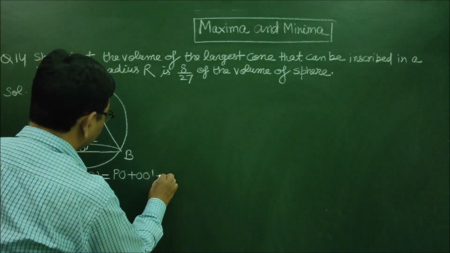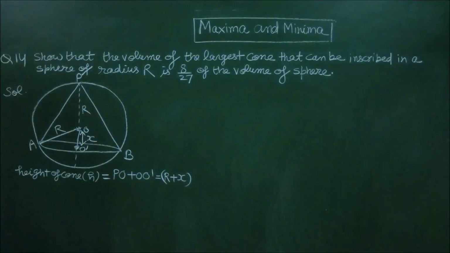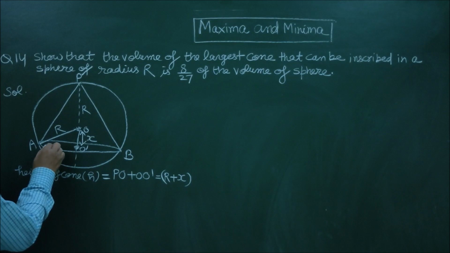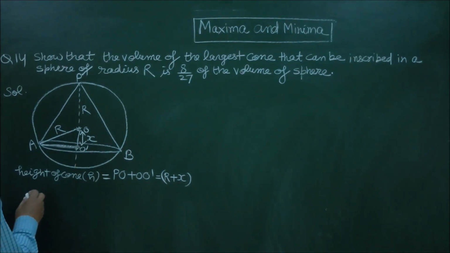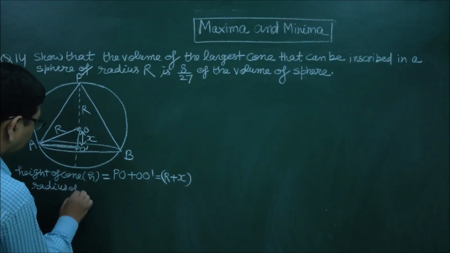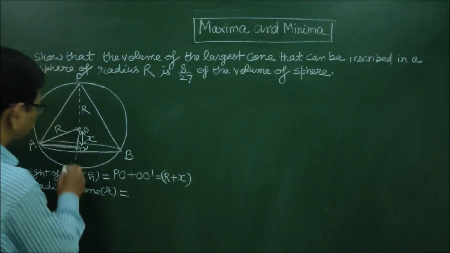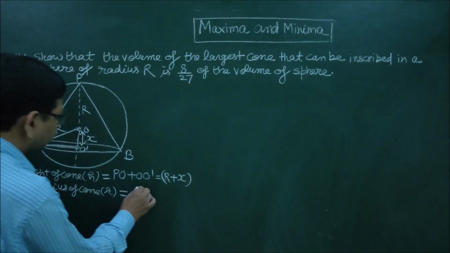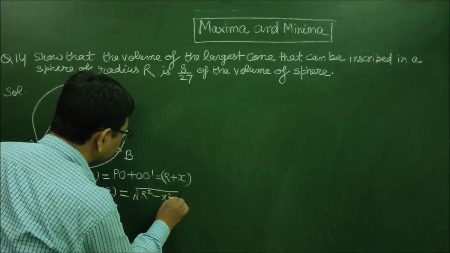So this is equal to r plus x, and the radius of the cone, small r, can be obtained by Pythagoras theorem: under root of r square minus x square.